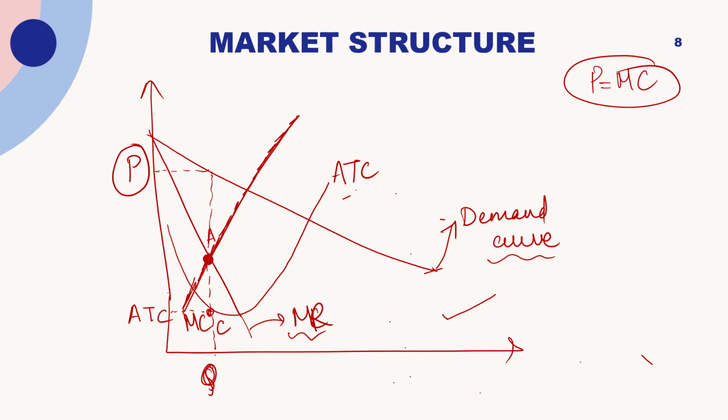And this part is your monopoly profit, the monopolistic competitor's profit till your ATC point. This part is your profit.